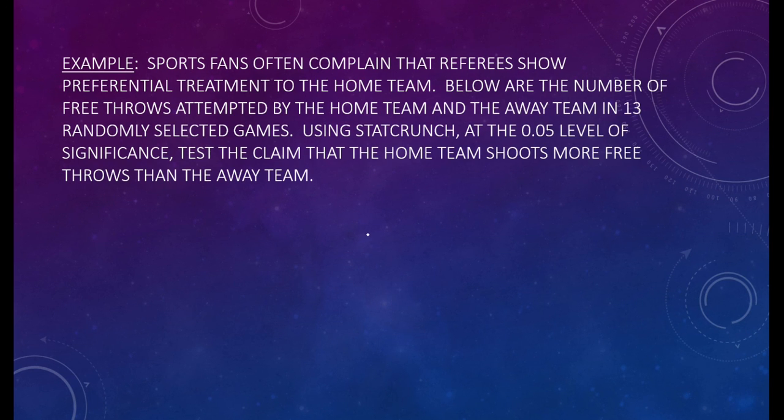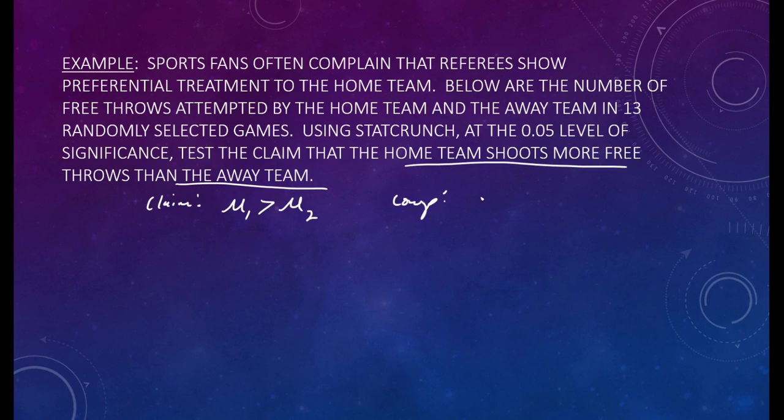Now let's try the problem. We're going to look at the claim, and the claim is that the home team shoots more free throws than the away team. And of course our home team is group 1, so we're going to say mu1 is greater than mu2. And the complement is mu1 is less than or equal to mu2.